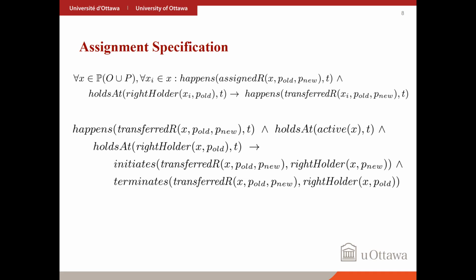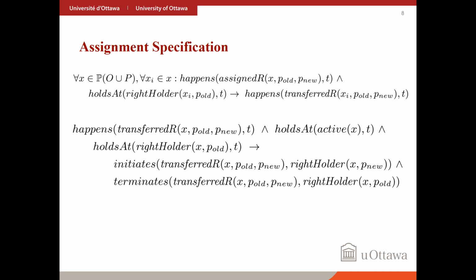In the first axiom, assign R is an event which indicates that a party assigned the right of obligation or power X to a new party. So the first axiom says if a party holds the right of the norm X and assigns the right to a new party, then the event transferred R is triggered.